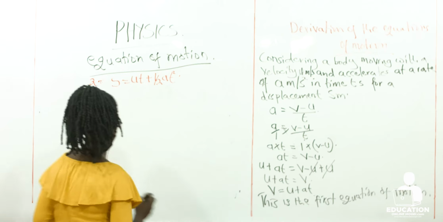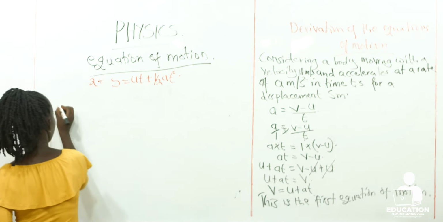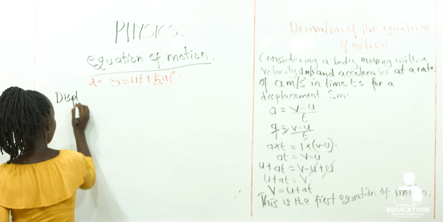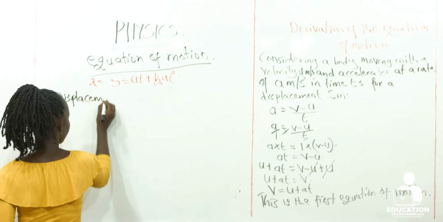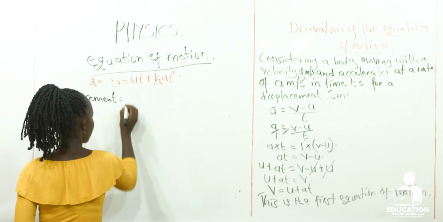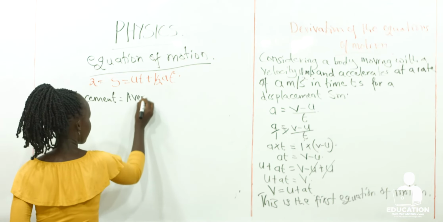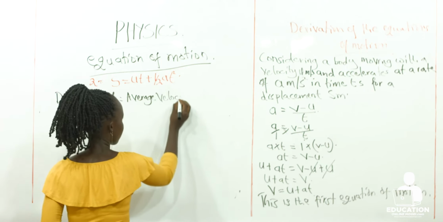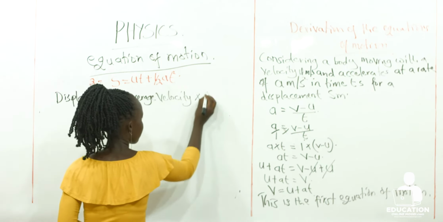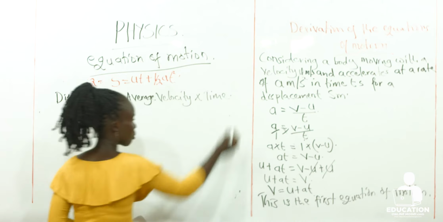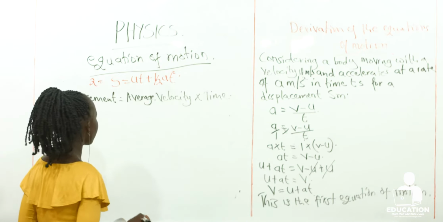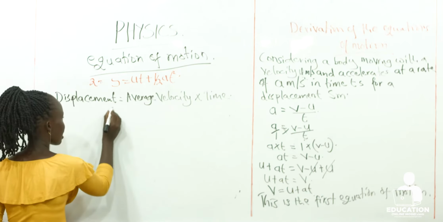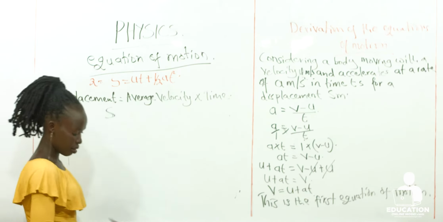So let's look at this. From the definition of displacement, we shall have our displacement is equal to average velocity times time. Our displacement, we said, is abbreviated as s.